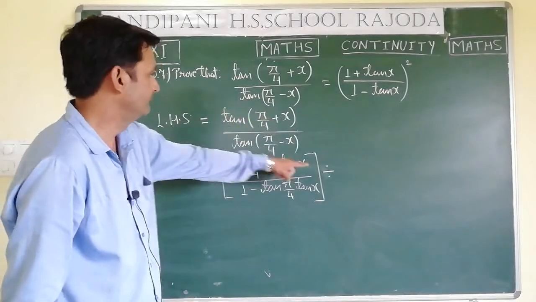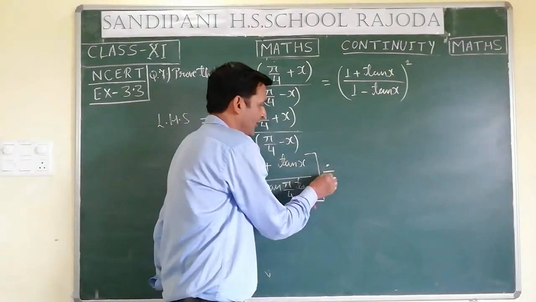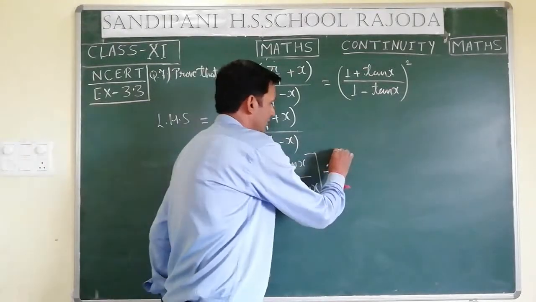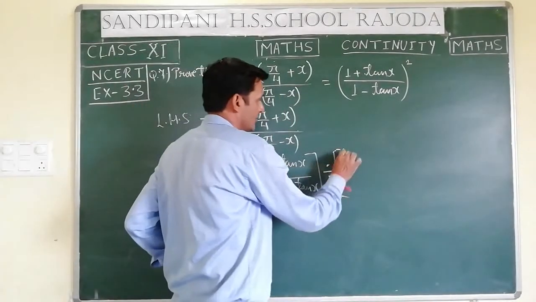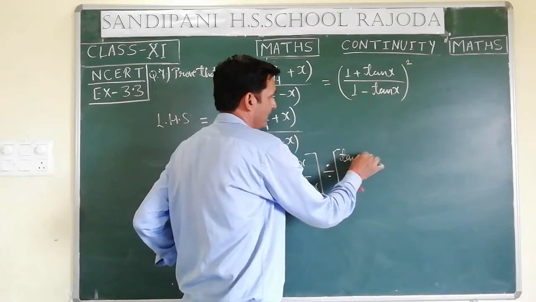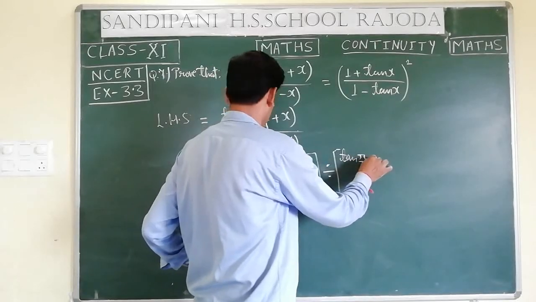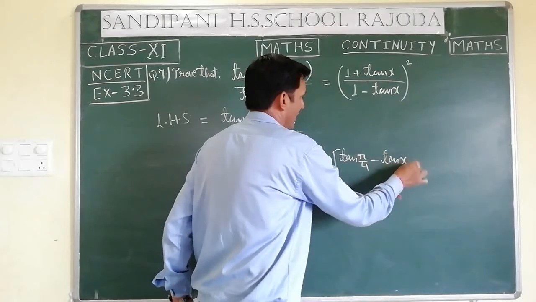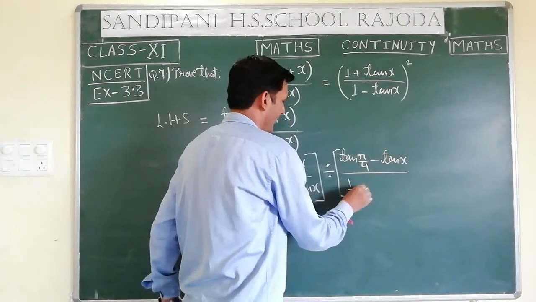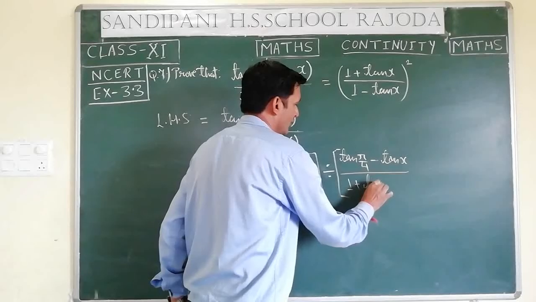So let us assign in the manner of a division symbol. Here the formula is tan A minus B. So tan pi by 4 minus tan x upon 1 plus tan pi by 4 tan x.